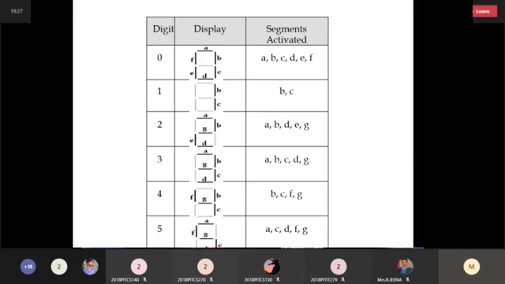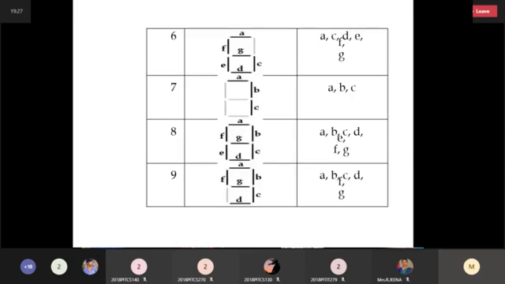Next, 4 means F, G, B and C are activated. Then 5 means A, F, G, C and D are activated. Next, how to write 6?